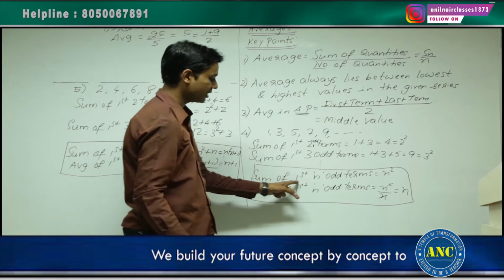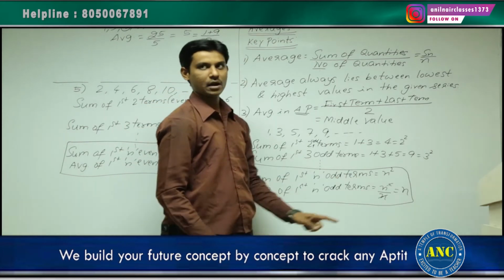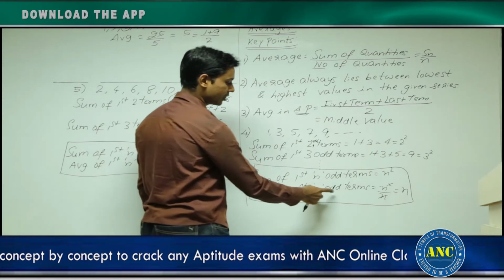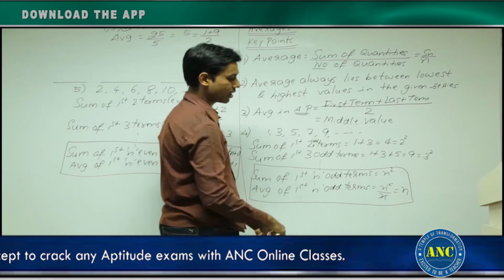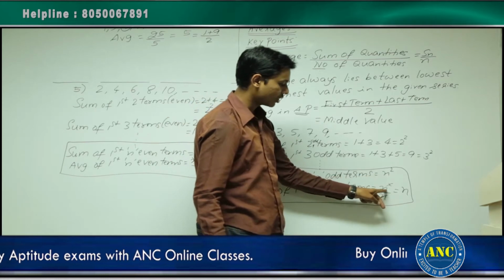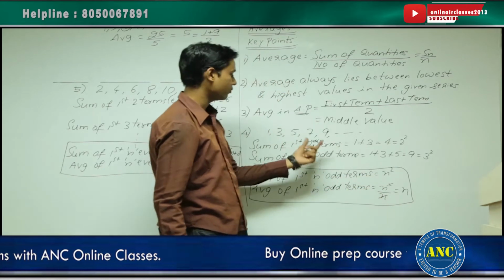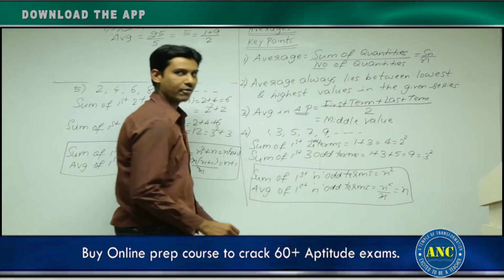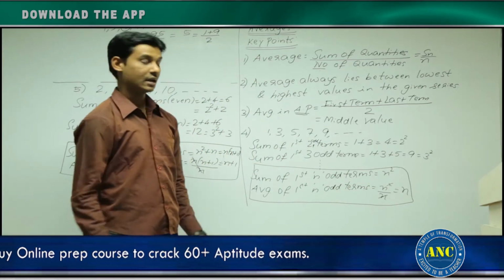Similarly, sum of first n odd terms is n square. But I don't require sum. I require average. Average of first n odd terms is sum divided by total number of quantities. Sum is nothing but n square divided by totally there are n terms which are written in this series. N square divided by n. It is n. Average of first n odd terms is n.